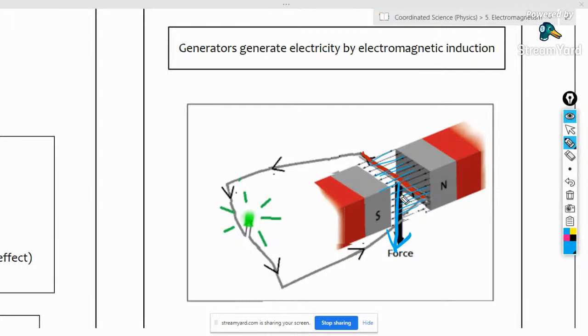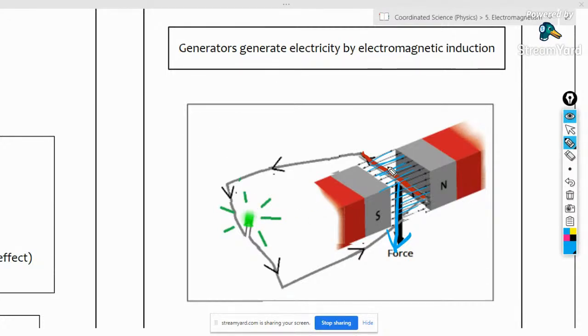When this wire cuts across those field lines, that's what pushes the electrons in one direction. So you have this wire cutting through magnetic field lines, and that basically induces an EMF, which is just a voltage.